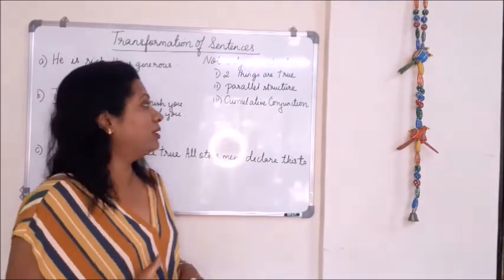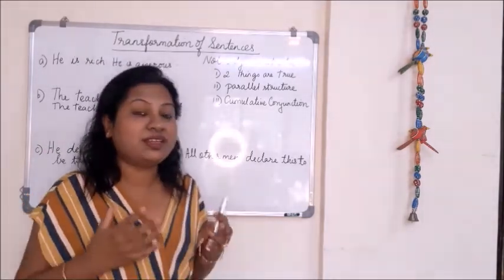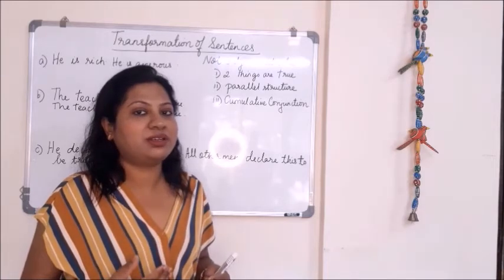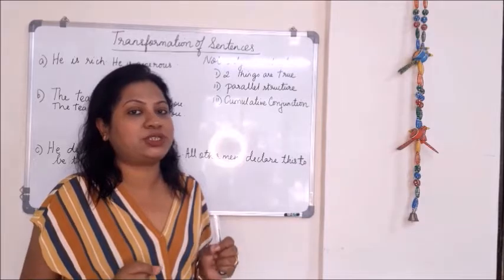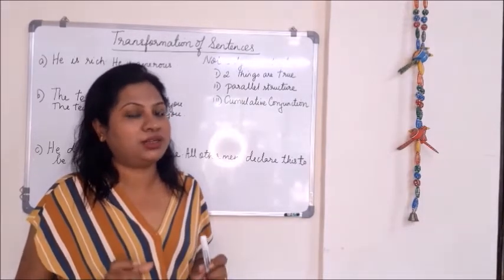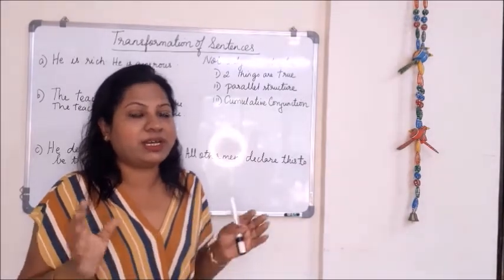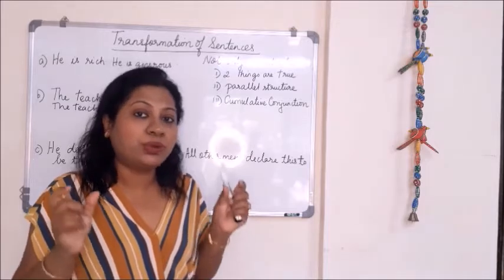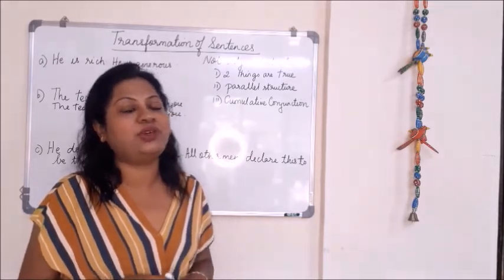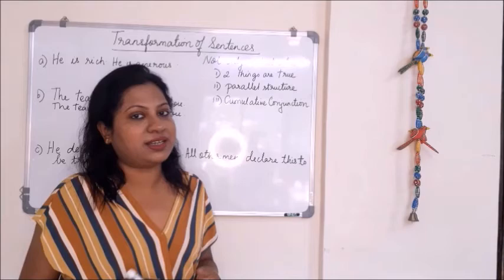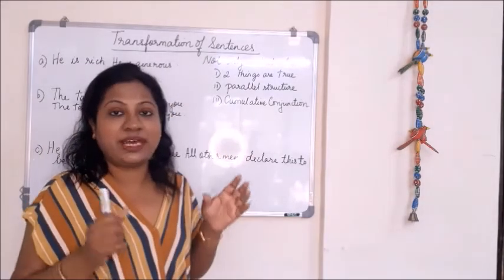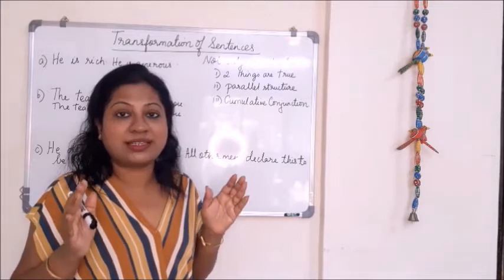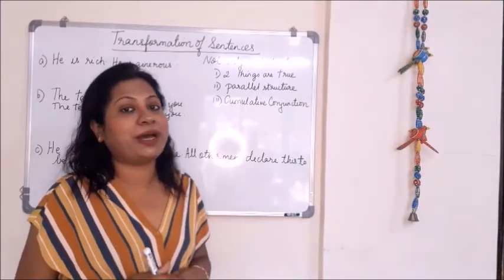What we need to remember when we are using this kind of statement is we only have to use such an expression when two things are true, right? When we are combining two things and both the things are true, that is when we use this kind of sentence construction. Such sentences, when we have two things which are common, should have a parallel structure.